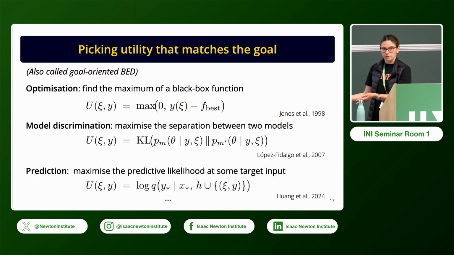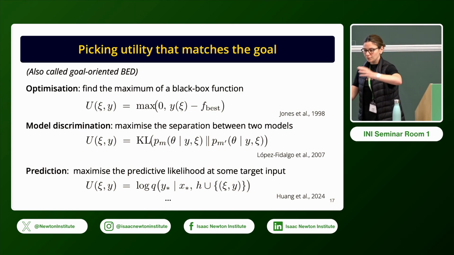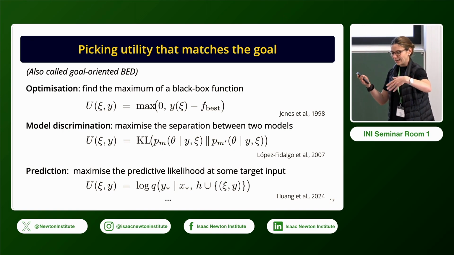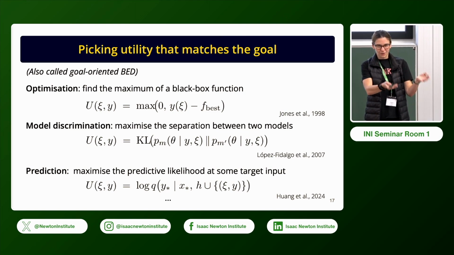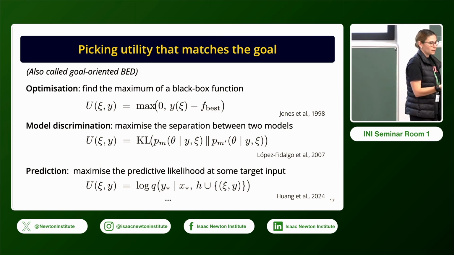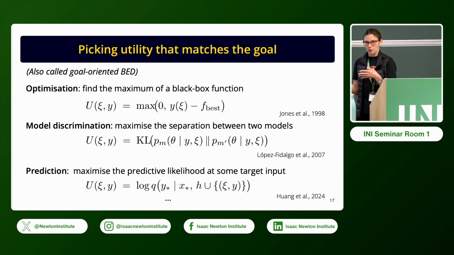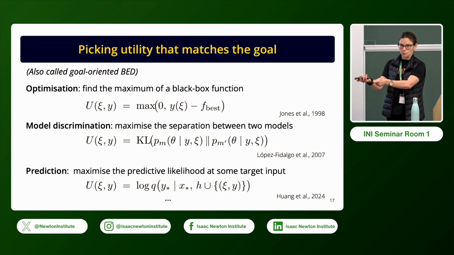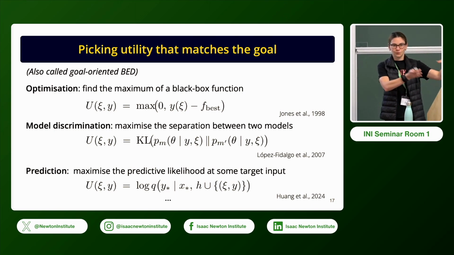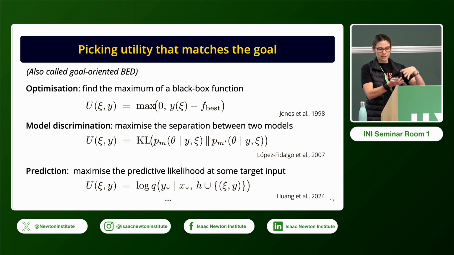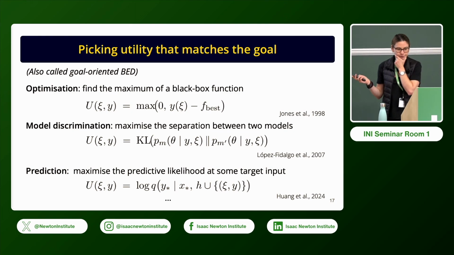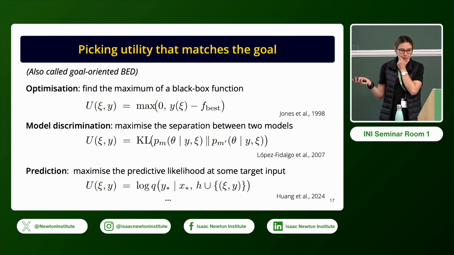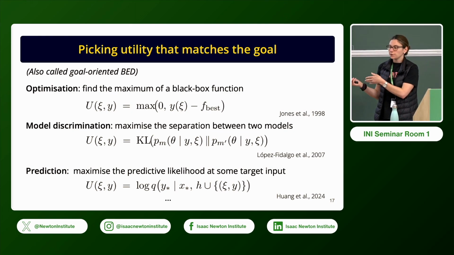We can focus on prediction. If you have a non-explainable, non-mechanistic type physical model where the parameters in your model don't actually have an underlying physical meaning, why would you want to learn about the parameters? You will be using this more as a predictive model as opposed to an explanatory parameter learning situation. And you can aim to maximize the predictive likelihood at some target input.